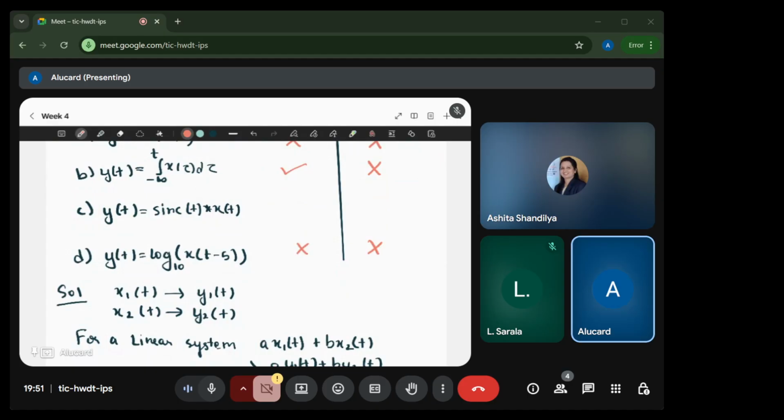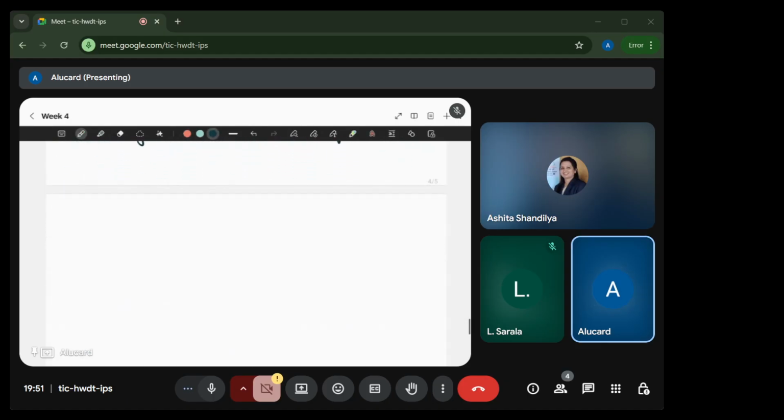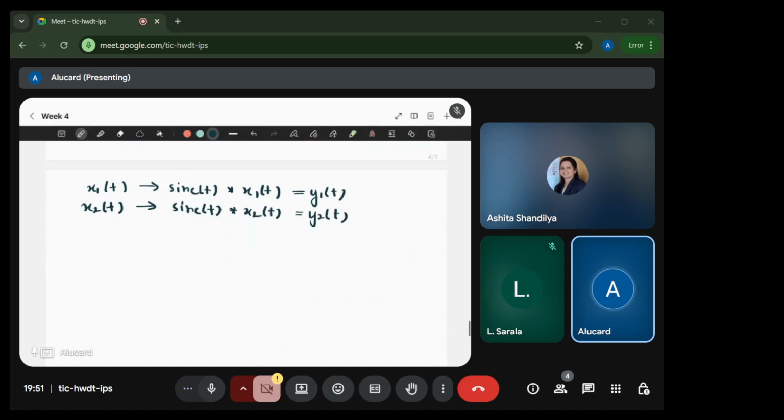Finally, y of t is sinc t times x of t. This one I'll work out. So if you give x1 of t, you will get sinc t times x1 of t. If you give x2 of t, you'll get sinc t times x2 of t. We'll call that y1 of t and y2 of t.